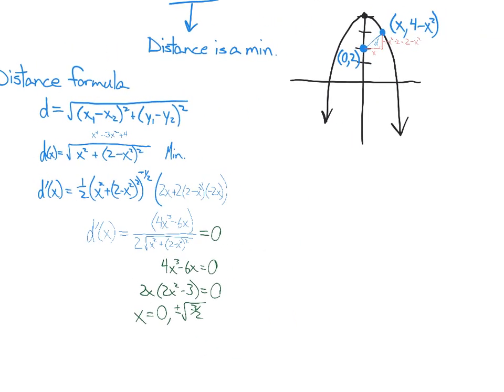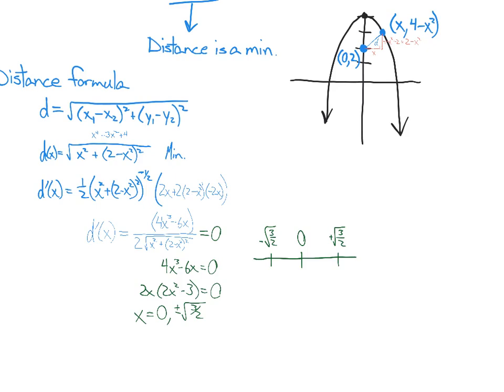So here comes our sign diagram. 0, negative radical 3/2, positive radical 3/2. I plug in different numbers into my derivative. The bottom will always be positive, so I don't even need to mess with that. I'm just looking at the numerator.